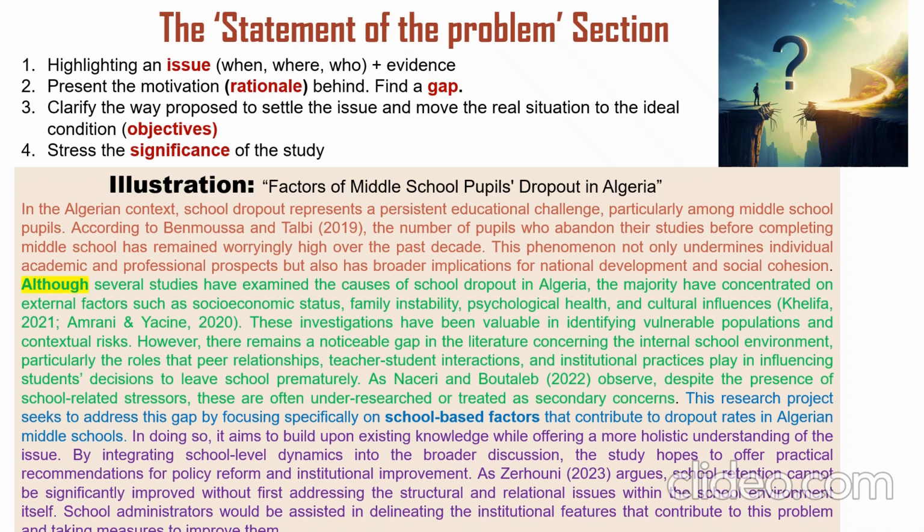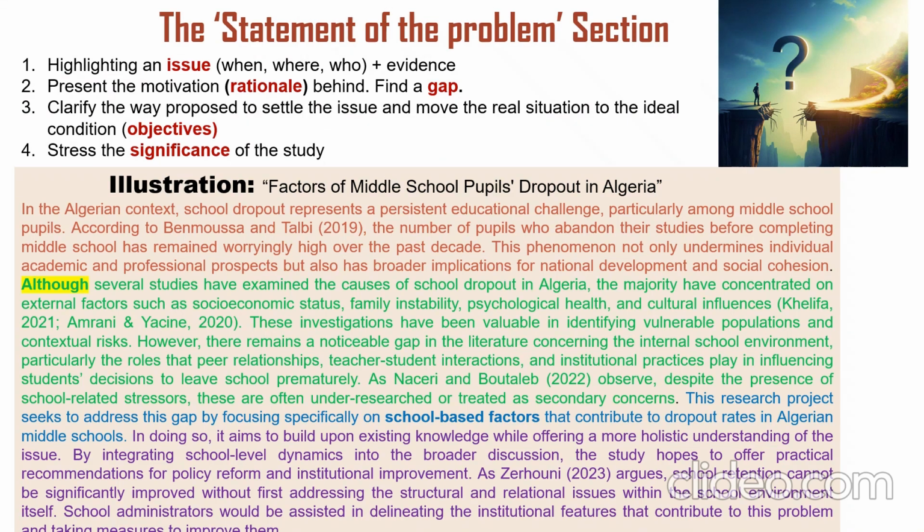As Zarhoni 2023 argues, school retention cannot be significantly improved without first addressing the structural and relational issues within the school environment itself. School administrators would be assisted in delineating the institutional features that contribute to this problem and taking measures to improve them. This is the significance of the study.